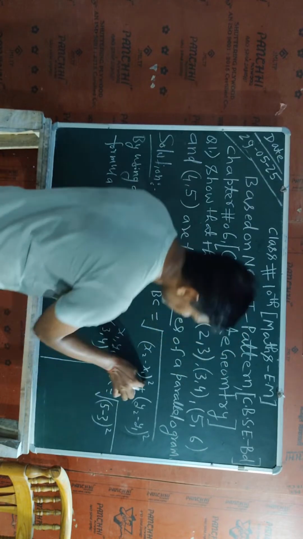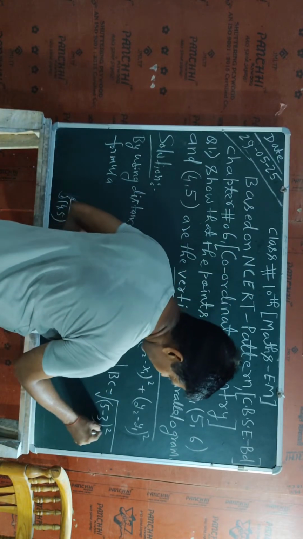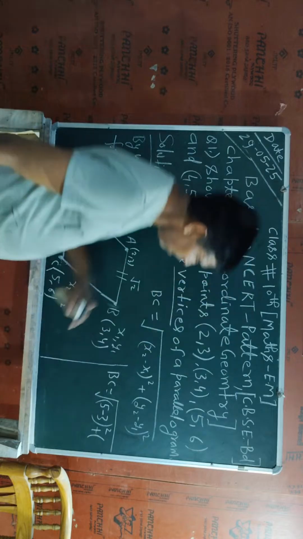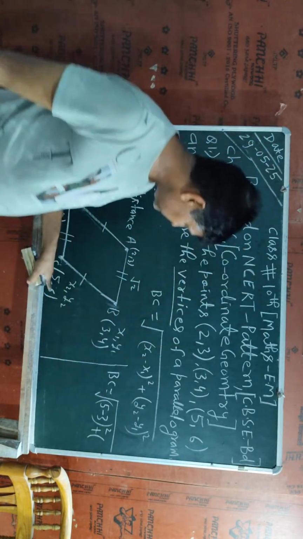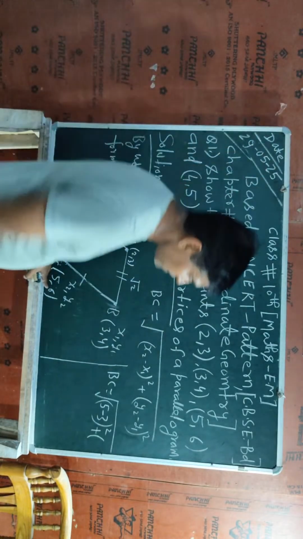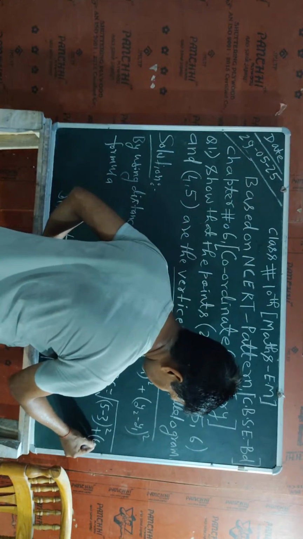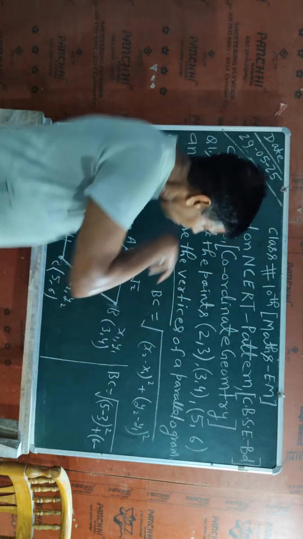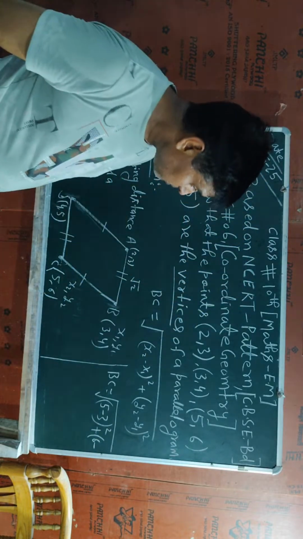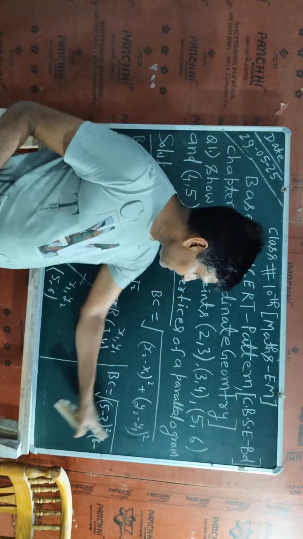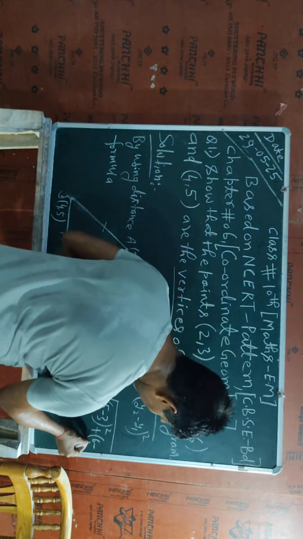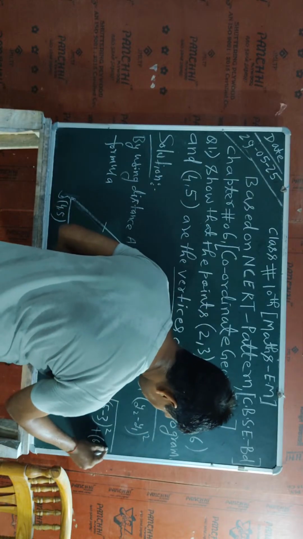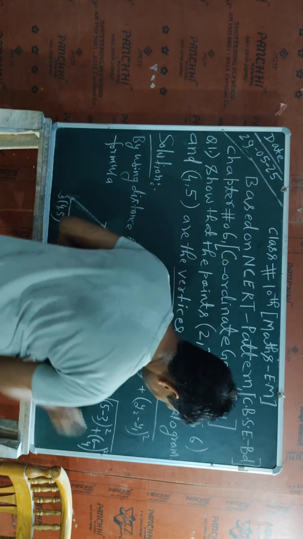Then y2, the value of y2 is 6, so I will put 6, minus sign, the value of y1 which is 4, and whole square.